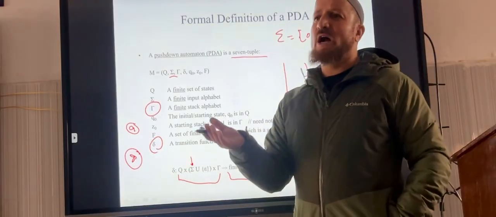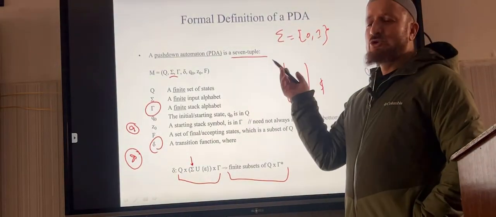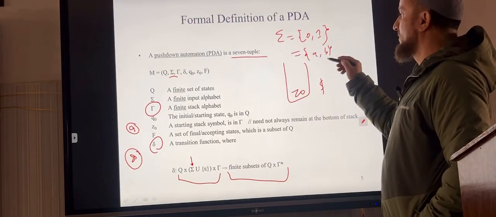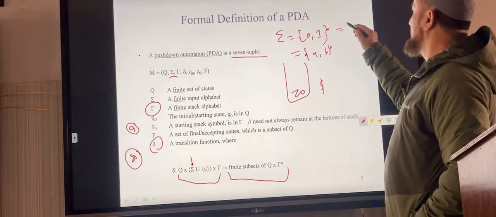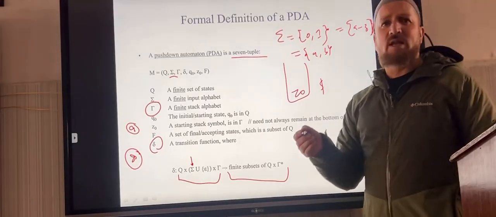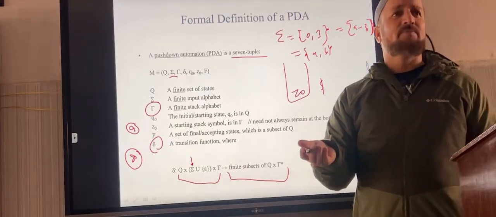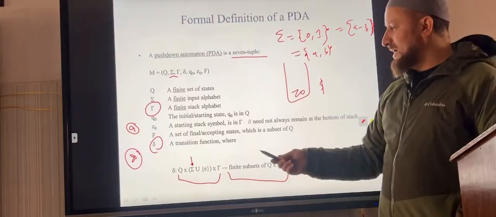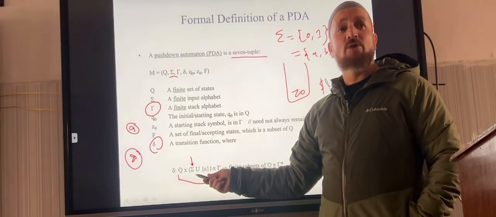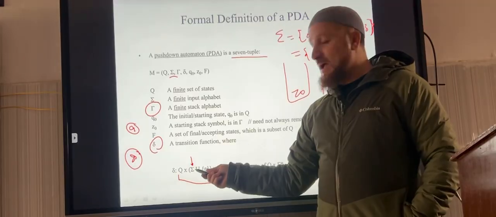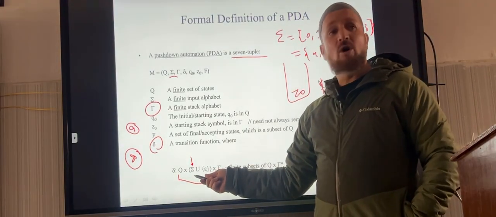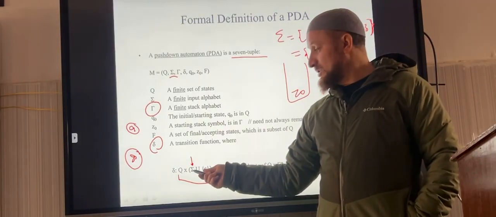If our input is 0 or 1, you could take either 0 or 1. Maybe I have A, B as our alphabet. Maybe my alphabet is A to Z, so any input could come: A, B, C, D, anything. Does it make sense? So we are saying that we are on a state Q and we are taking some input from the alphabet, from some... what is this sign called? You tell me. No, this sign.